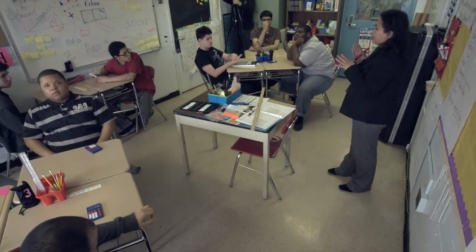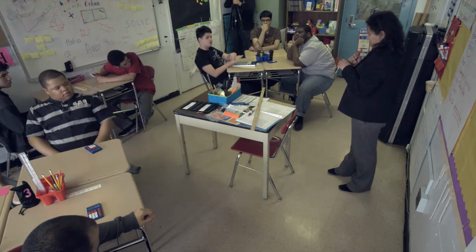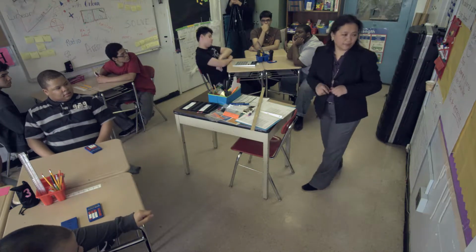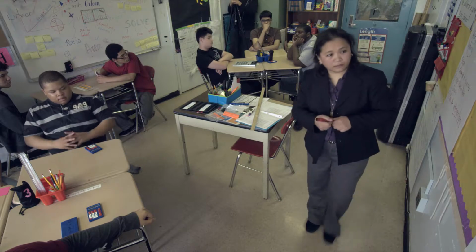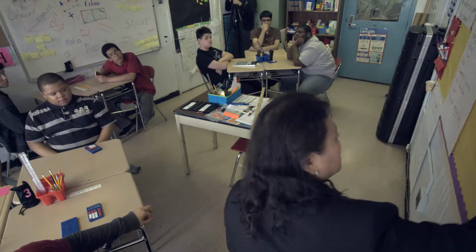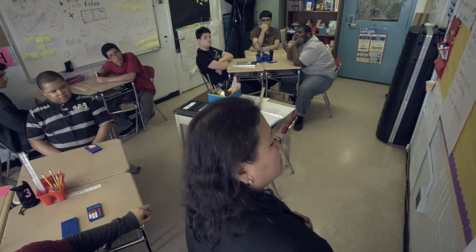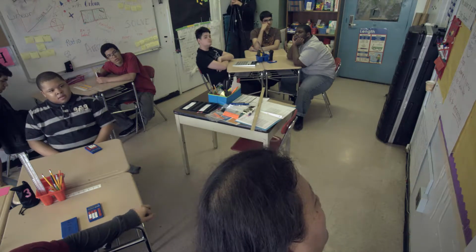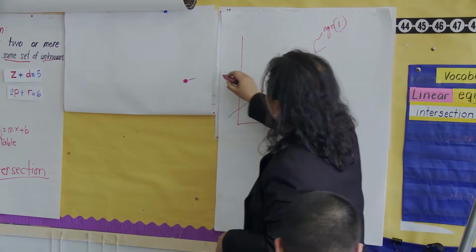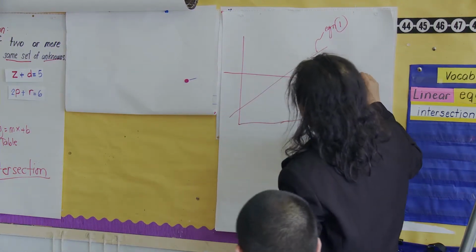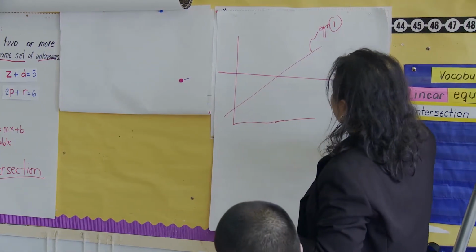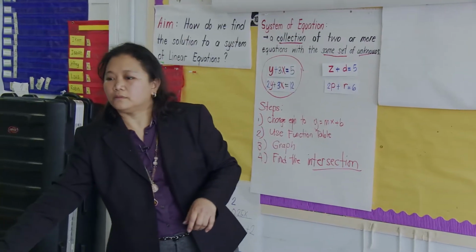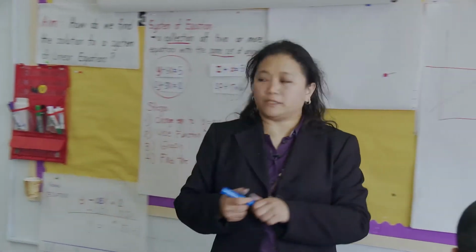Okay, and they will have what? They will have a common point. A common point. All right. So for example, let's make our own graph. Let's say this is equation 1 and this is equation 2. Where will be the point of intersection? The middle. Alberto, would you like to show?